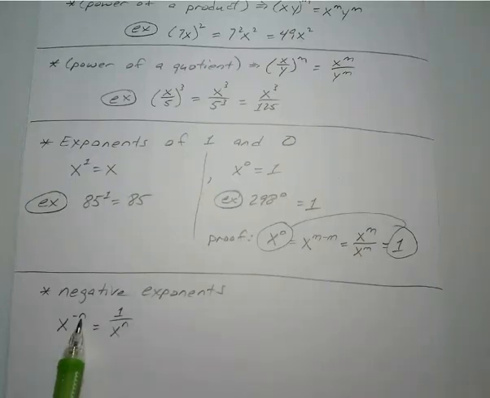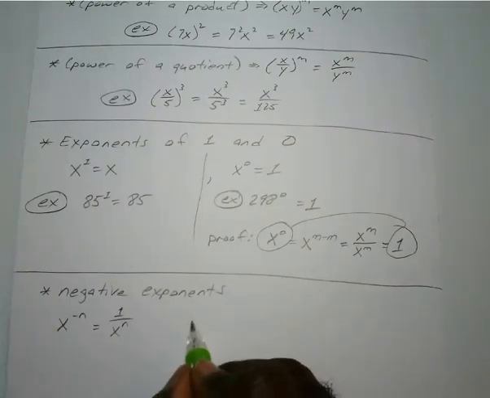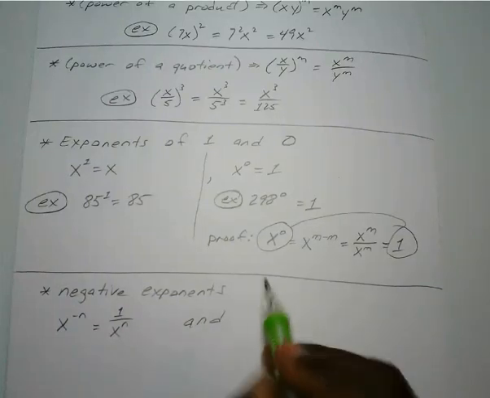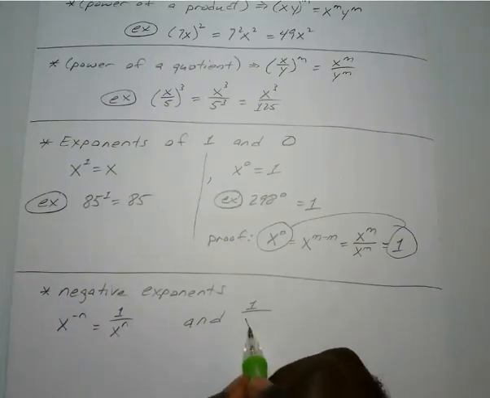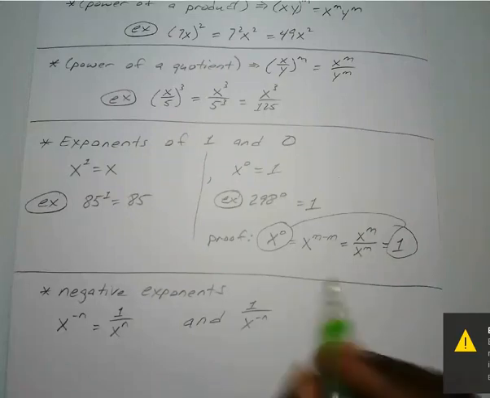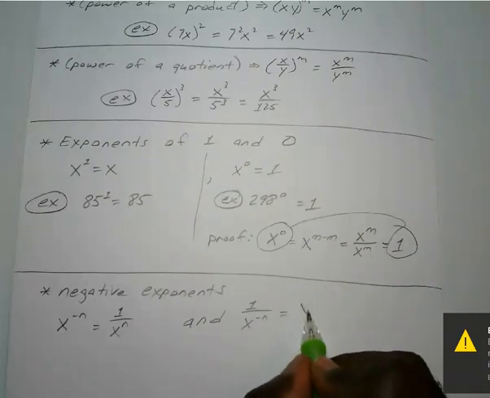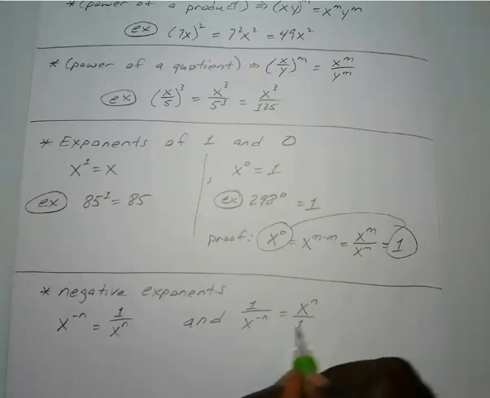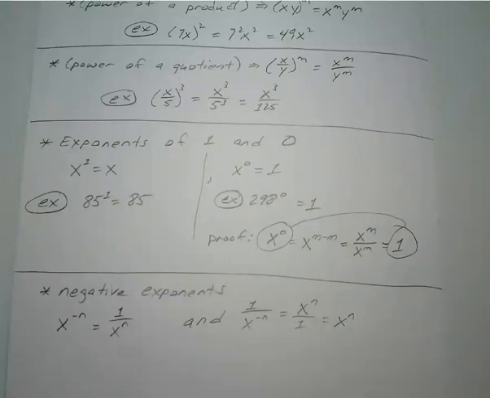So if you have a negative exponent, just move it down to the denominator, and your negative exponent becomes positive. And if you have 1 over x to the negative n, if you have a negative exponent in your denominator, you're just going to move that up to your numerator. So it's x to the power of n over 1, which is just x to the power of n.